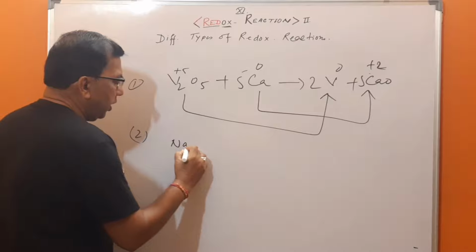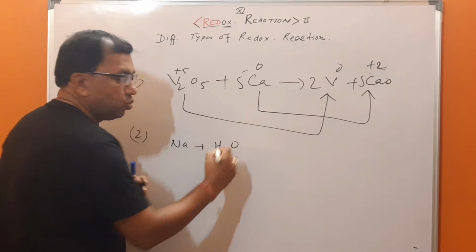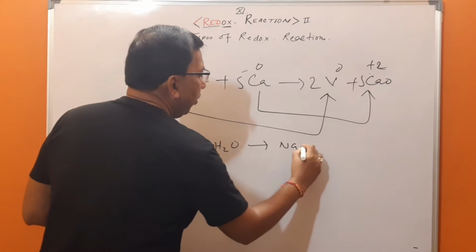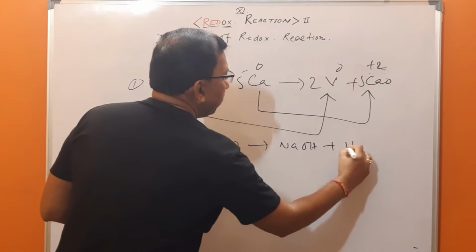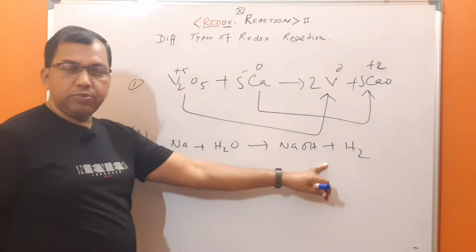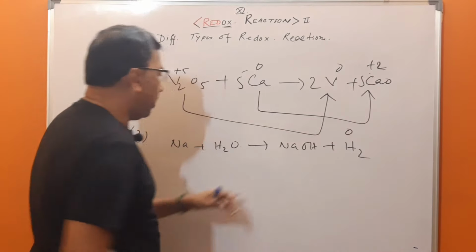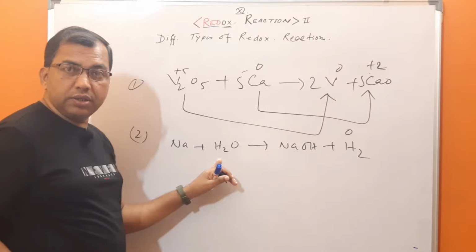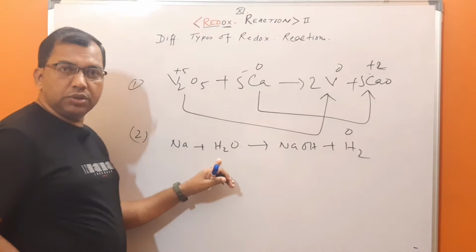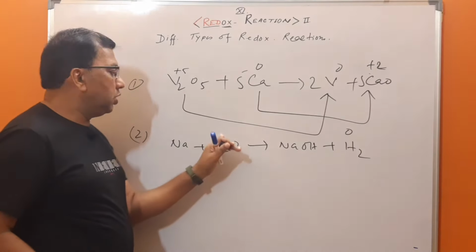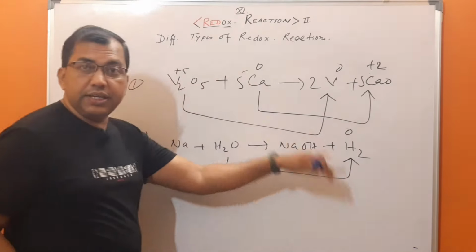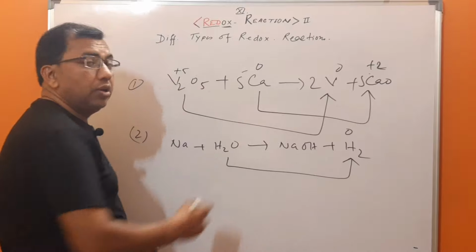Here sodium is 0, and hydrogen in the product H2 is 0. But in water hydrogen will be +1. So hydrogen goes from +1 to 0, which is reduction, and sodium goes from 0 to +1, which is oxidation.